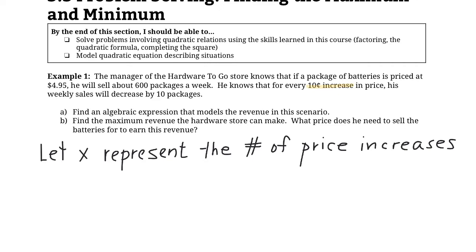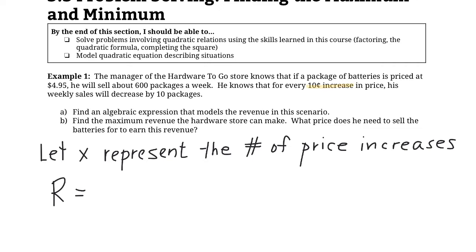Part A of the question asks us to come up with an algebraic expression that can model the revenue for this scenario. So I'm going to use the letter capital R to represent revenue, and typically the capital R is used to represent revenue in these types of word problems.